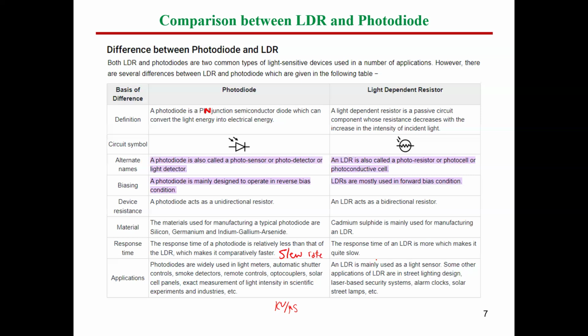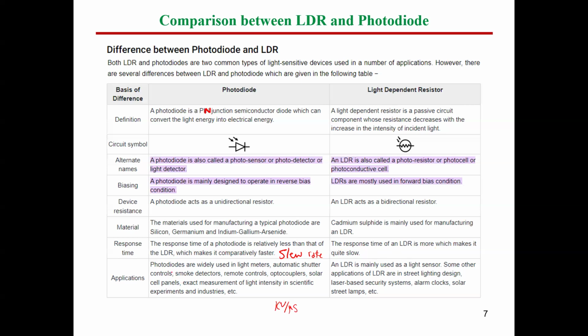But the response time of the LDR is more, which means it's slower, it takes more time, which makes it quite slow. So if you need a fast response, the LDR is not the perfect selection, but the photodiode is much better in this case.